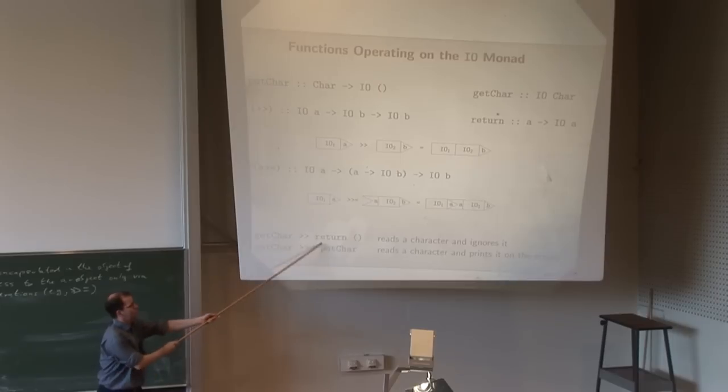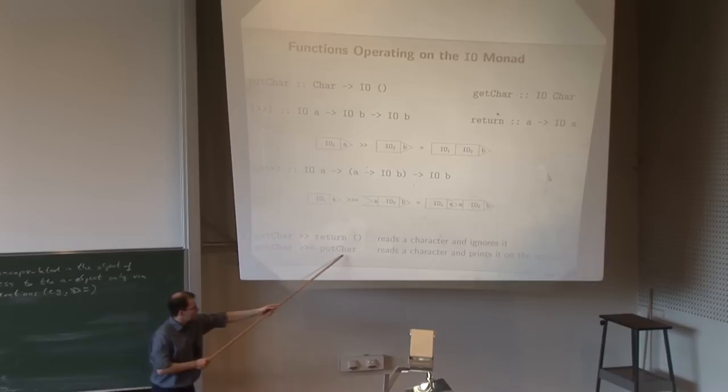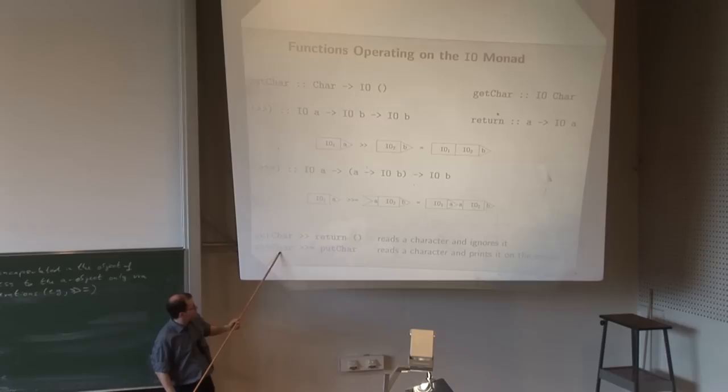First read a character and then do nothing. And this means first read a character and then print it on the screen. More formally, putChar is not an I/O action on itself, but it's a function. It waits for a character and then it gives you back an output action. The output action which prints this character on the screen. So it takes this character out of the encapsulated I/O object over here and prints it on the screen.